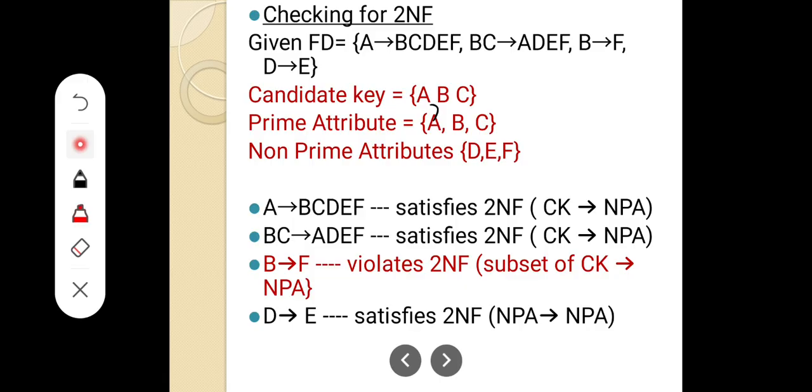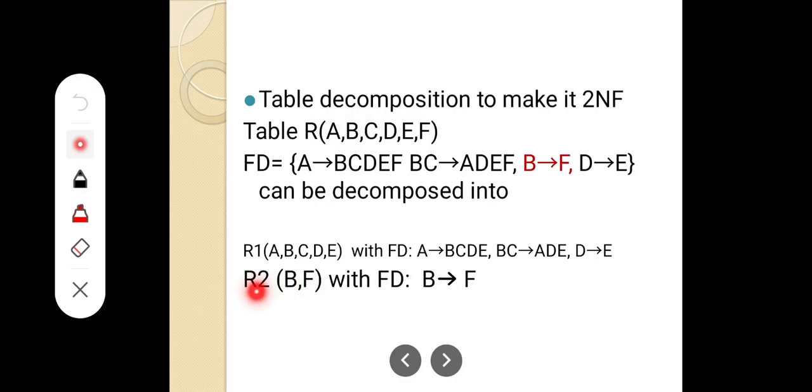So what we do is decompose the table into two. This is our table, and with its functional dependencies it will be decomposed into these two tables.